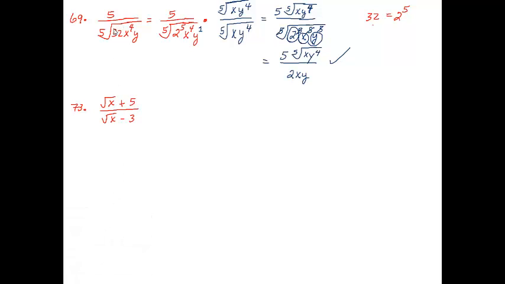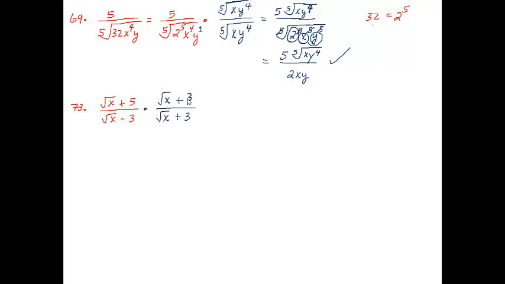Now, unlike number 69, 69 had a single term in the denominator. Therefore, I had to multiply it by the same root, but I had to choose the inside so that everything was raised to the fifth power. This time, I have 2 terms in my denominator. So you're just going to multiply top and bottom by the conjugate. So it's the square root of x plus 3.